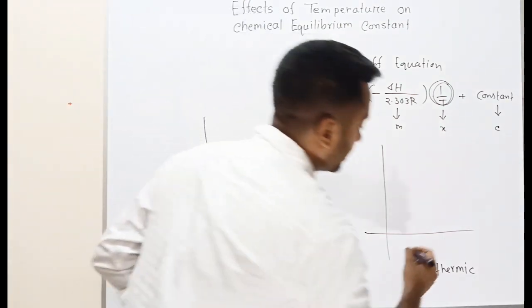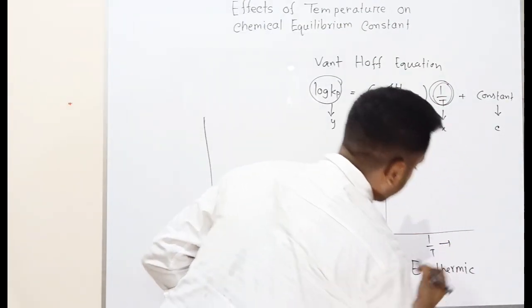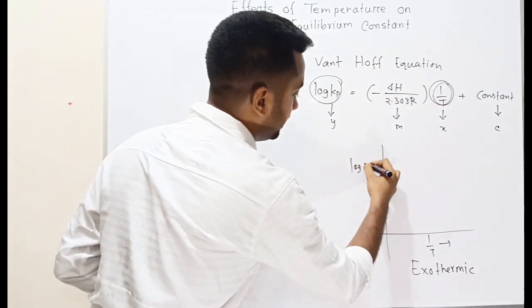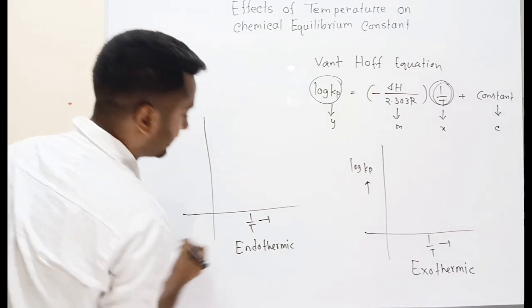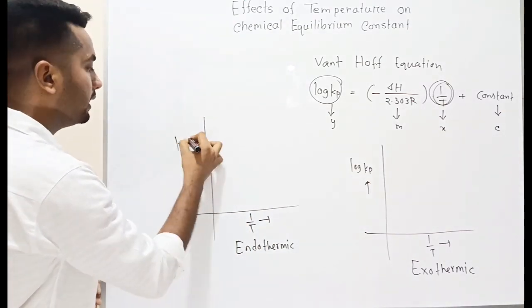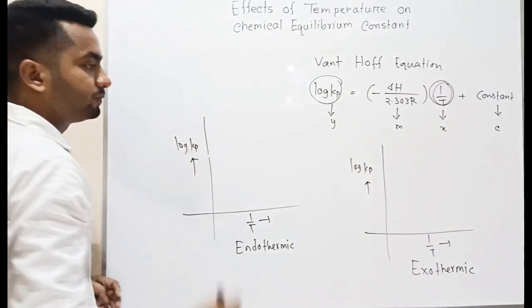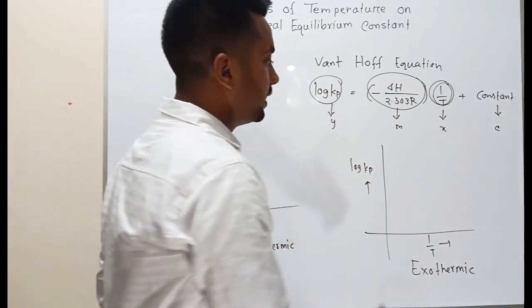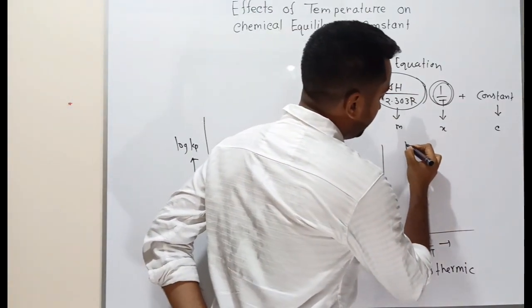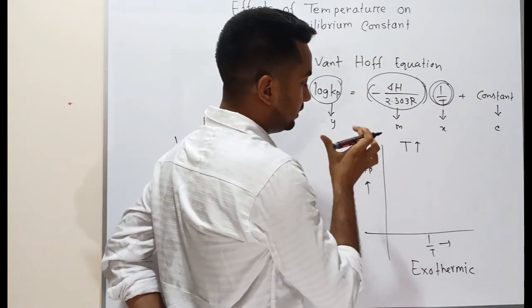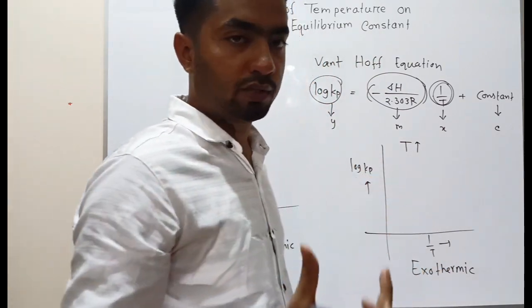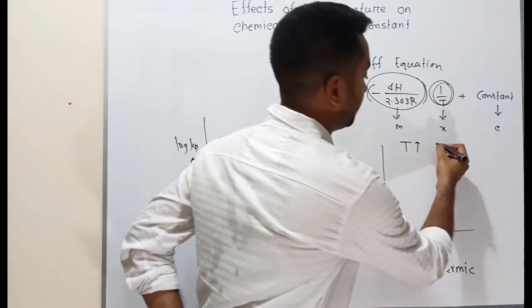We plot 1 by T on the x-axis and log Kp on the y-axis. Now think carefully. We said that if we increase T for an exothermic reaction, the chemical equilibrium constant Kc or Kp will decrease.